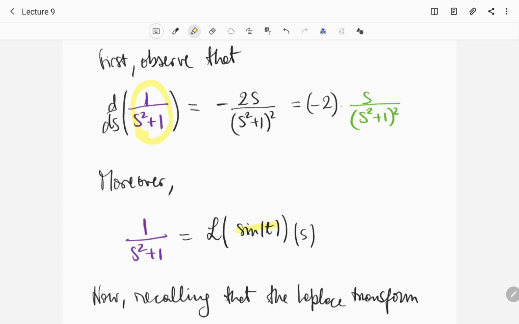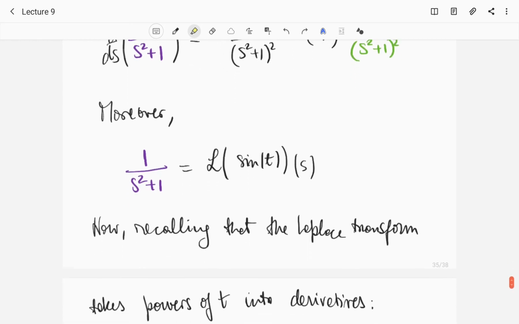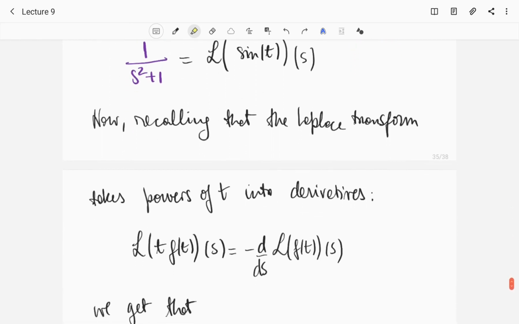So let's try to put the information together. We know a lot of properties of the Laplace transform: the linearity, how the Laplace transform acts with derivatives of functions, this property of the powers of t turning into derivatives, and maybe this is the property that we are going to use here, and the other that the exponential goes into shifting. So how can we use the property of the powers of t?